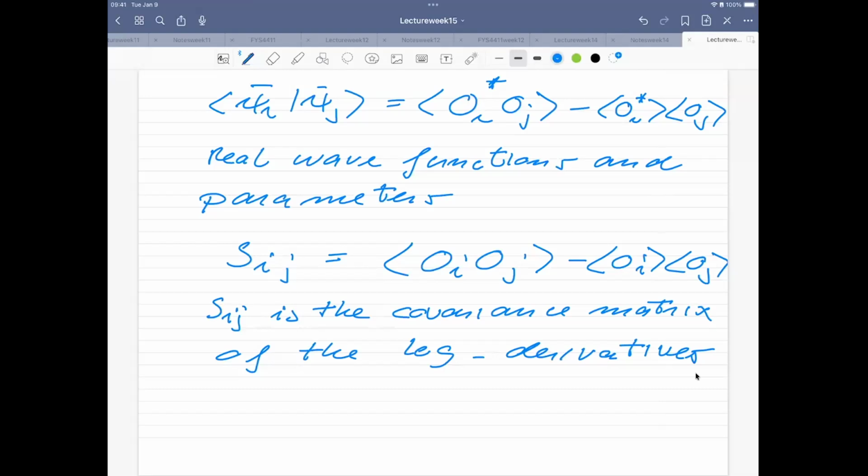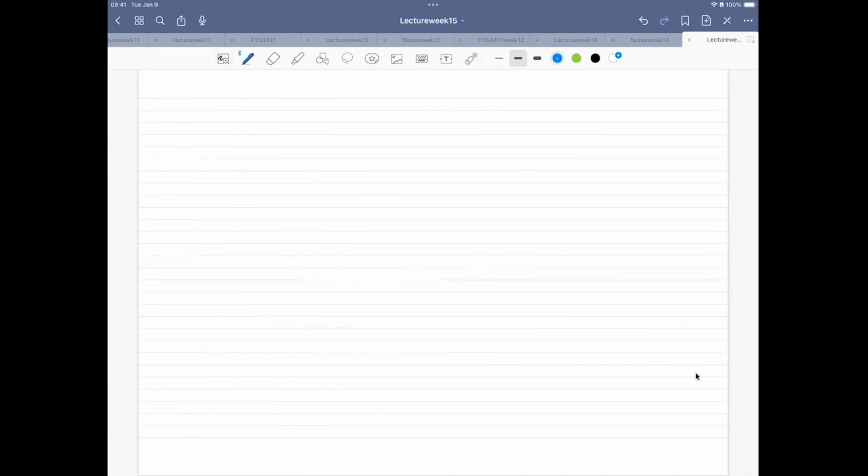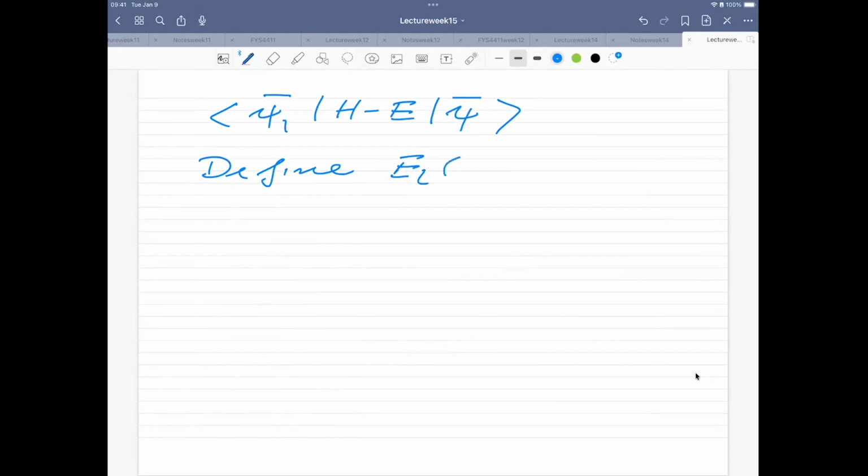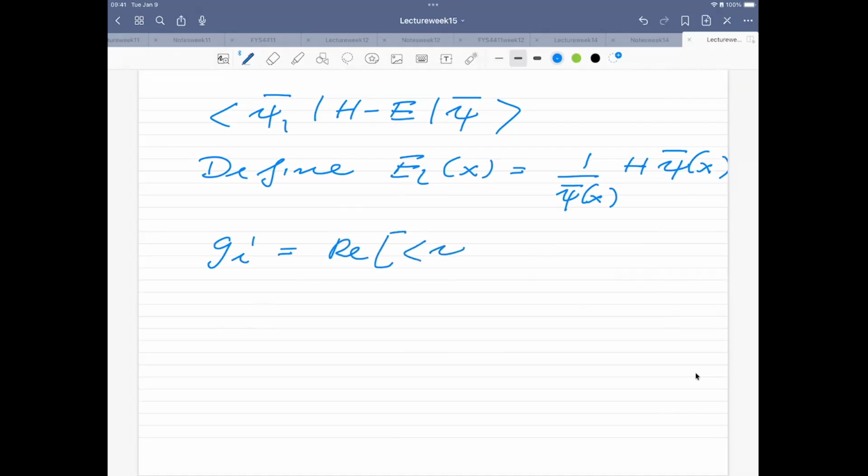And if you think of the energy expectation value, if you now look at this other quantity which we had in this equation, where we have H minus this variational energy times the normalized state, we can also define a quantity which is called the local energy of X, which is defined as 1 over psi bar of X, with H acting on psi bar of X. Then I can define a quantity which I'm going to call G or E of I, which is given by the real part of the term we had before the break of psi I of H minus this energy E times this normalized wave function.